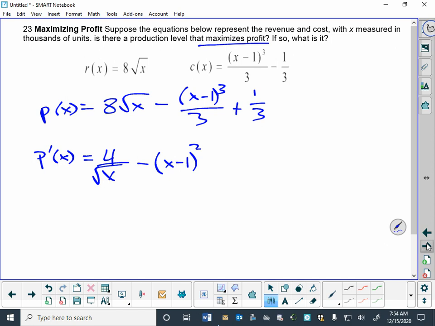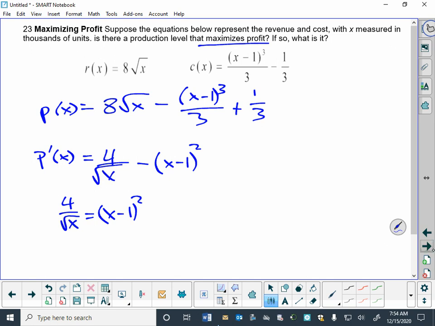When I do that derivative, the 1/3 is going to go away. I want to know when this thing is equal to 0. So where does 4 over root x equal (x minus 1) squared?